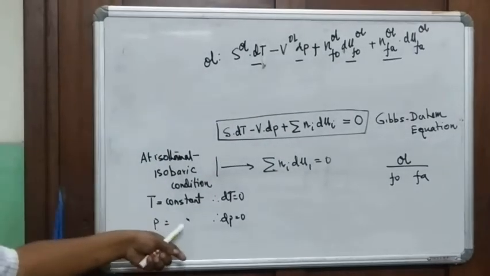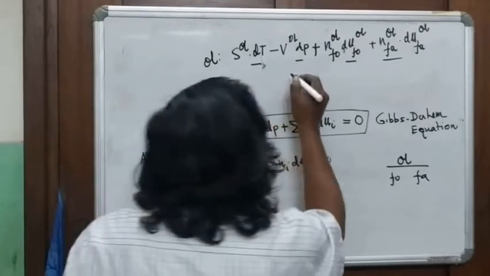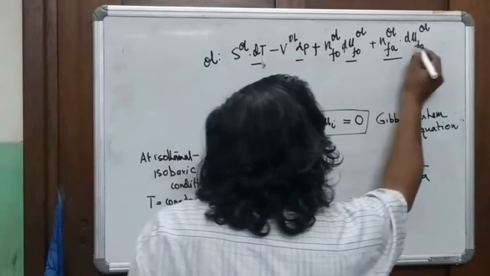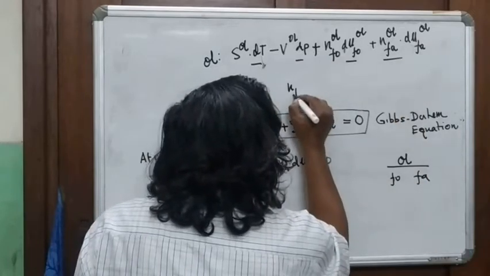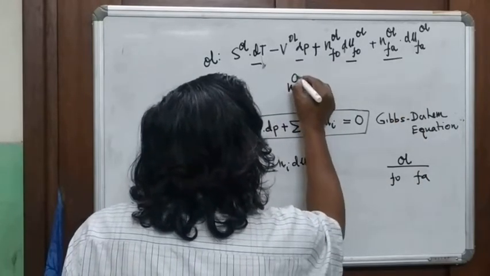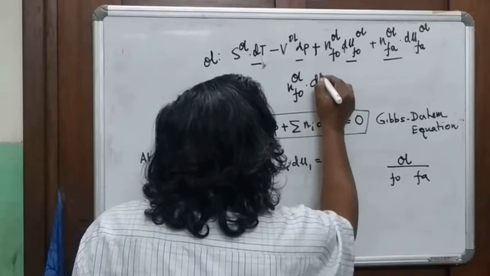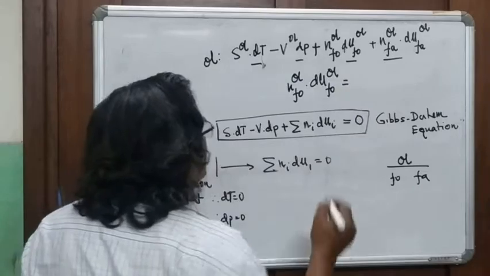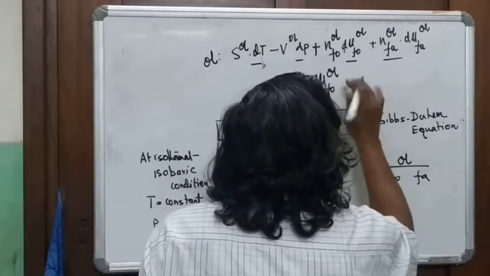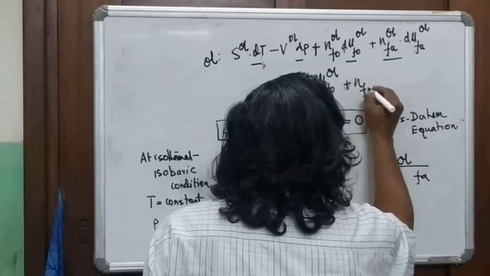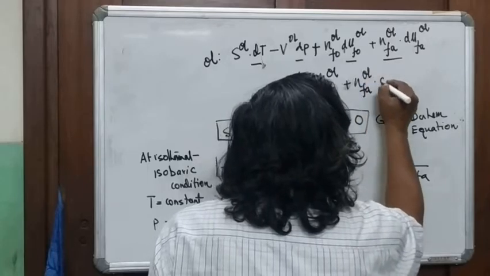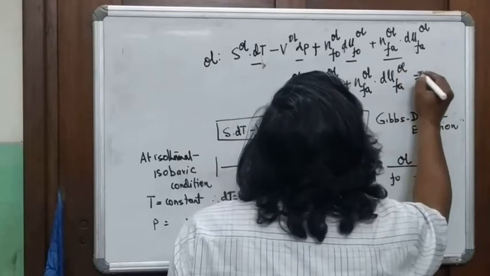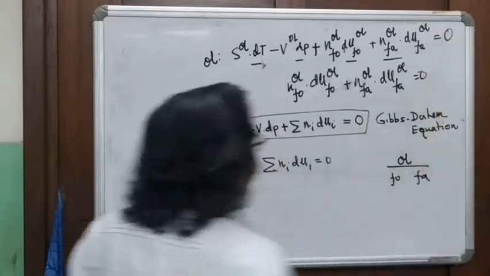Now at isothermal isobaric conditions, dT will be equal to 0, dP will be equal to 0. So if you take this, it will be N forsterite in olivine times d mu forsterite in olivine, plus N fayalite in olivine times d mu fayalite in olivine, and this is equal to 0.